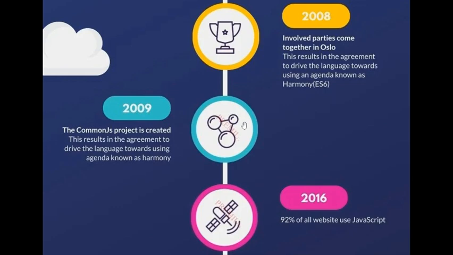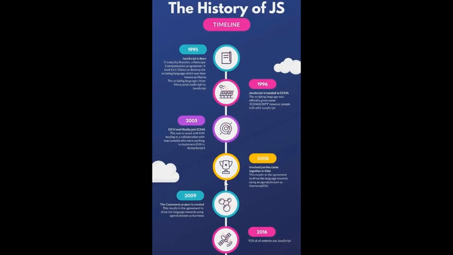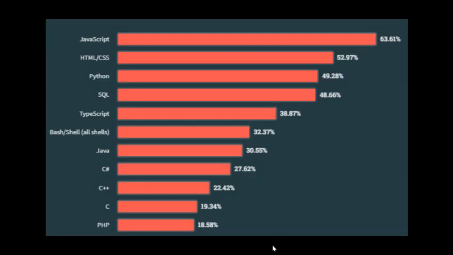After all these things, in 2016, 92% of all websites use JavaScript. So this was how JavaScript became famous, and most of the web pages still use JavaScript.